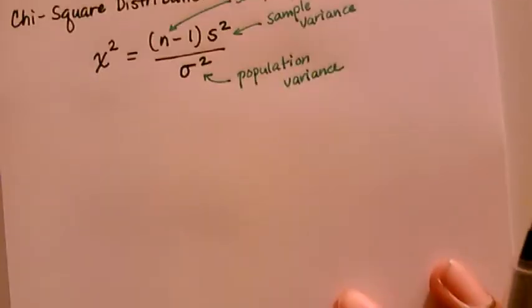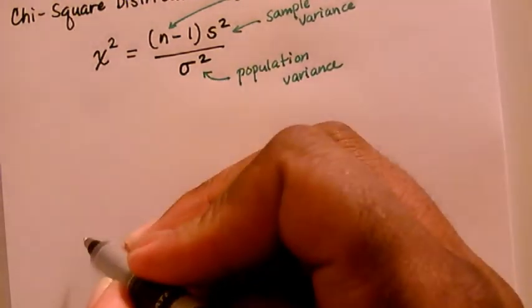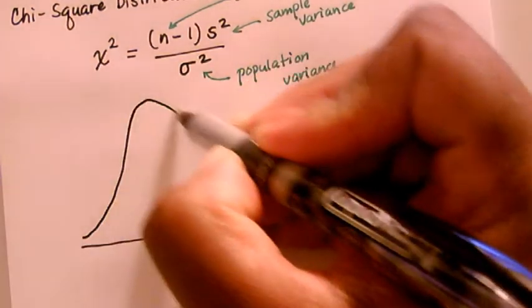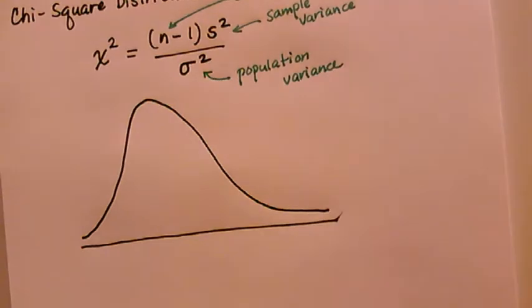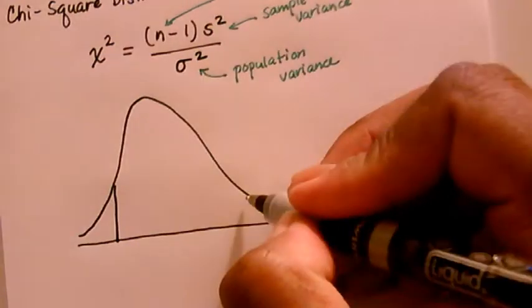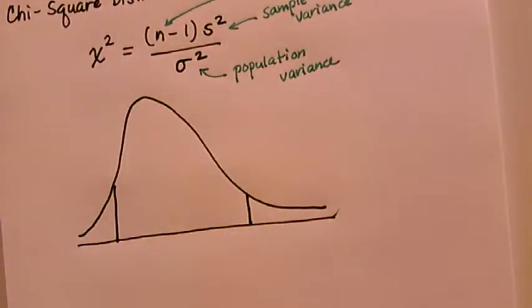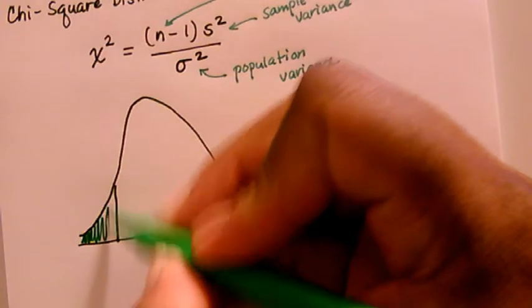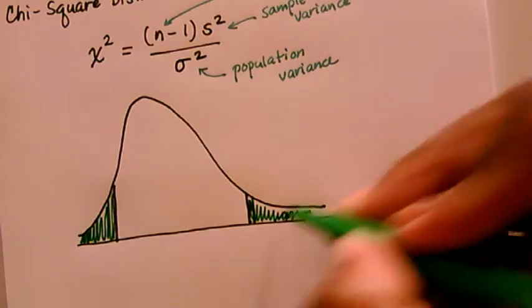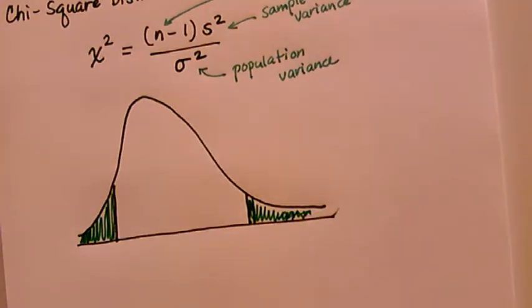Okay. And this is an illustration of what the chi-square distribution looks like. It's actually not a normal curve. It looks somewhat like this. So in this case here, when we're finding critical values, we're going to be finding two of them. There'll be one on the left and the other one on the right. Okay, and I'll shade in the area in green on the left and on the right. You're going to be finding two of them.